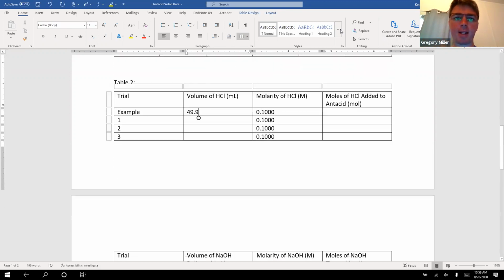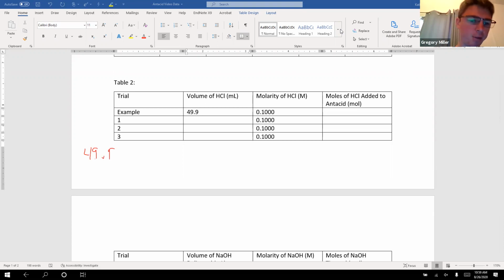Moles of HCl added. So this whole table is just to get you to moles of HCl added at the beginning of the experiment. So we thought by breaking it down into a bunch of different tables, it would be easier to deal with.